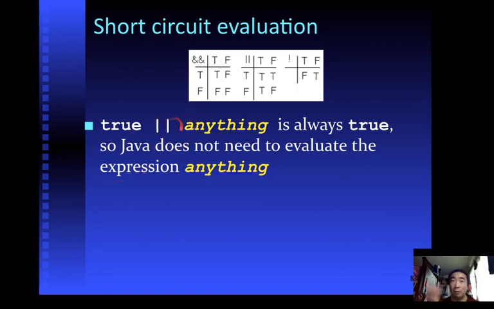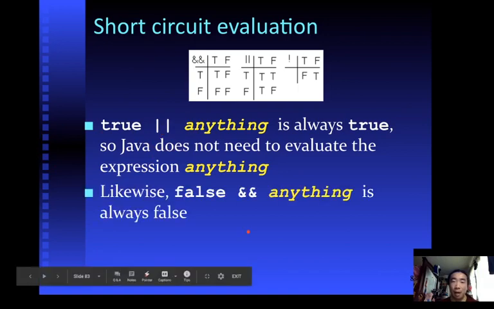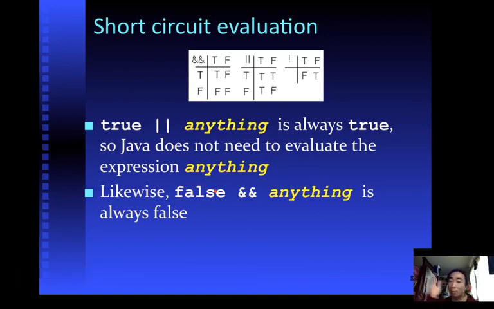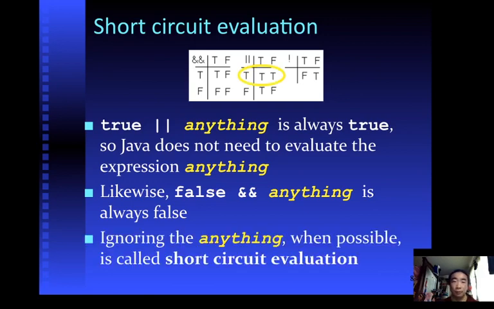It already knows the overall expression is true. And similarly, for ands, if you see a false on the left-hand side, doesn't matter what comes afterwards, the overall expression is always going to be false. So when you can ignore the right-hand side, or whatever comes after your operator, that's called short circuit evaluation.